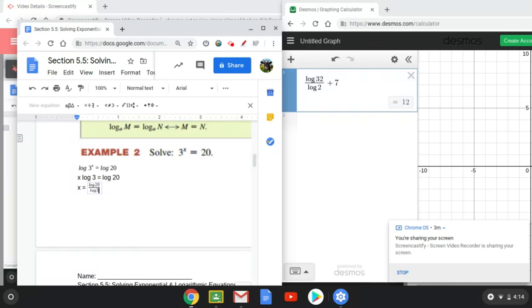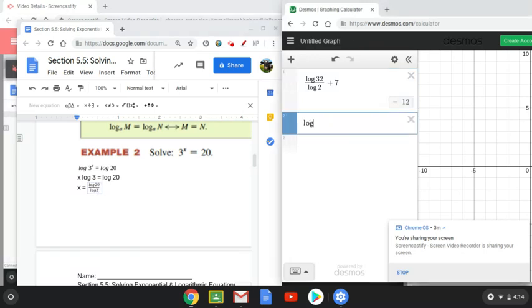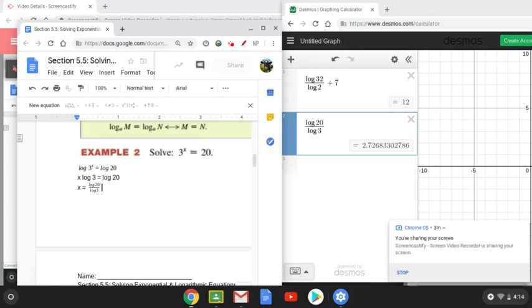And nobody knows that off the top of their head, so we go over to Desmos, log of 20 over log of 3. And normally I believe Desmos will have you round to about 3 decimal places. So that'll be about 2.727. Okay?